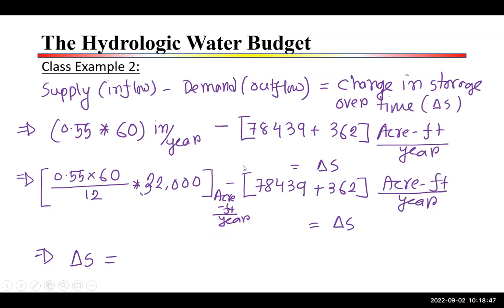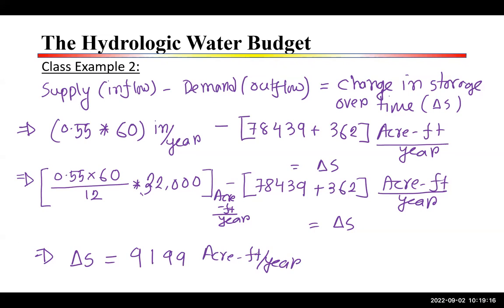Okay. So what number did you get? 9,199 acre feet per year. That means per year that town has 9,199 acre feet of excess water, right? So do they need any additional water supply source or not?